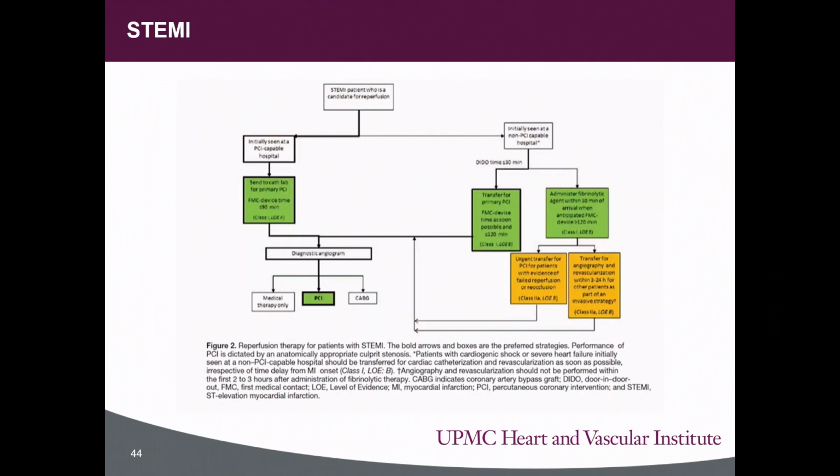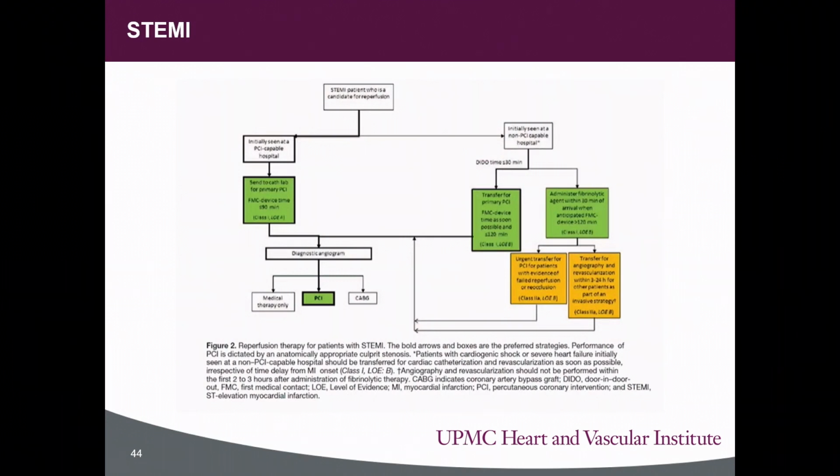If the patient is not seen at a PCI capable hospital, but can get there very quickly, the patient may be flown or transported as quickly as possible to a center for primary PCI, to relieve that blockage invasively as quickly as possible.